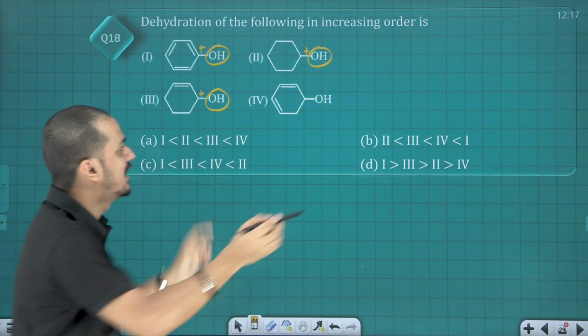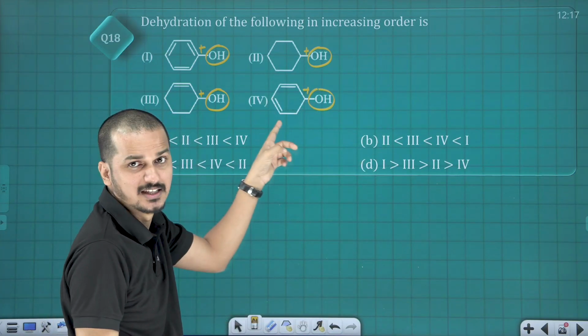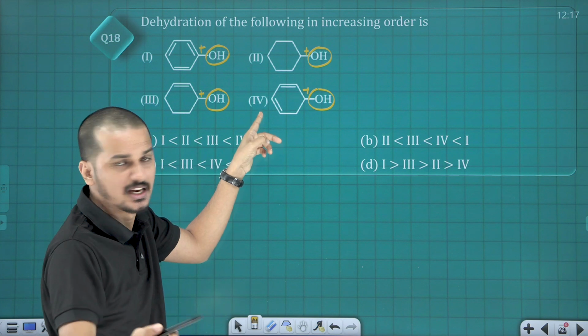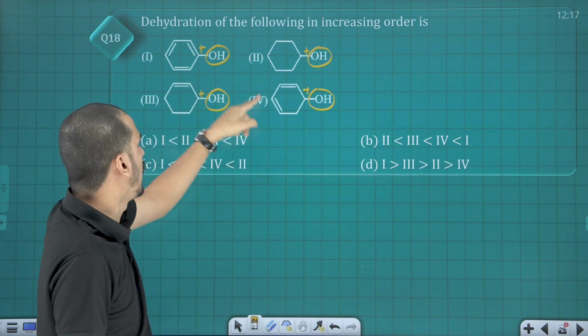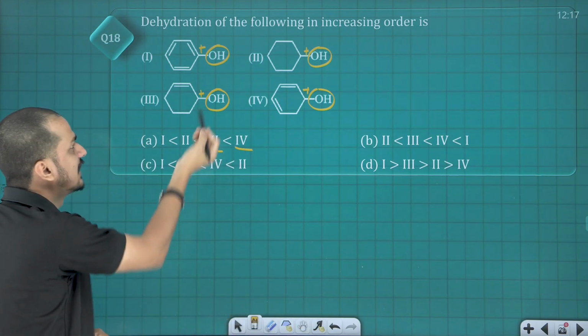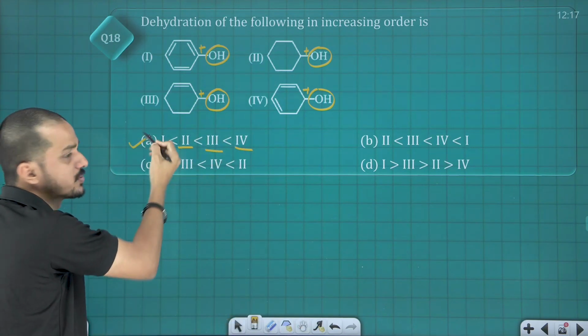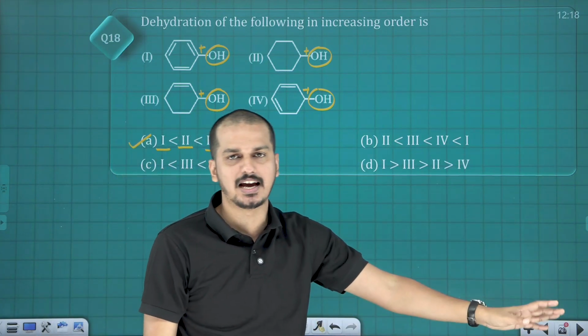Stable, resonance is there. This one means allylic as well as conjugation is there, more resonance. So 4 is more stable than 3, than 2, than 1. So 4 will give more dehydration than 3, than 2, than 1. Option A. Carbocation mechanism, so the more stable the carbocation, the more will be the dehydration.